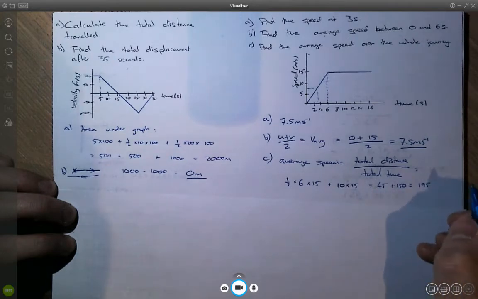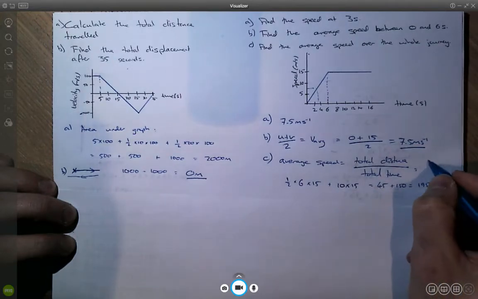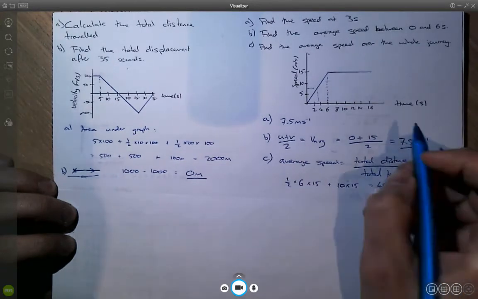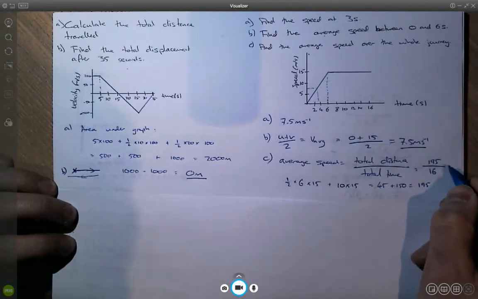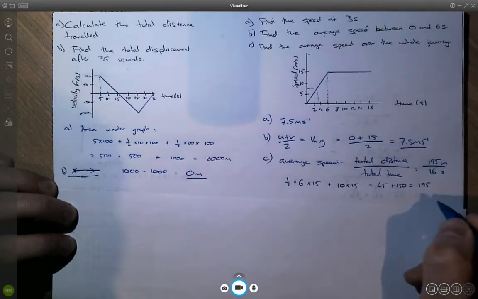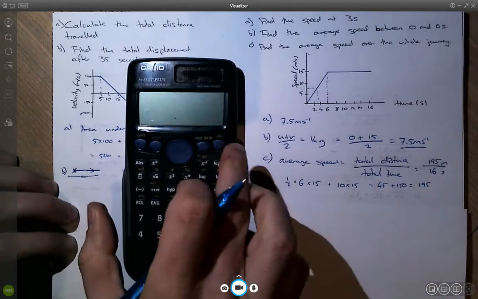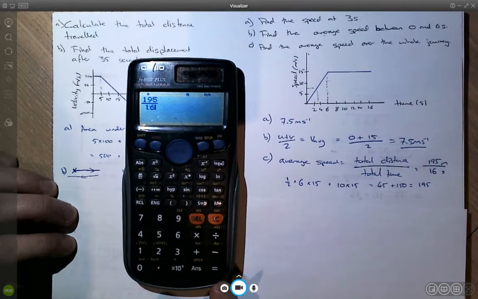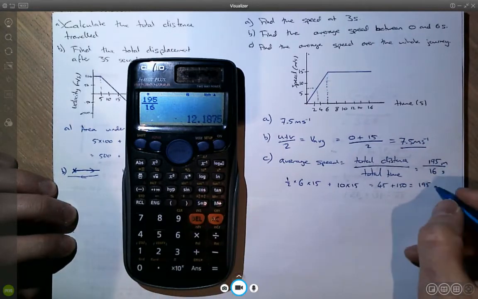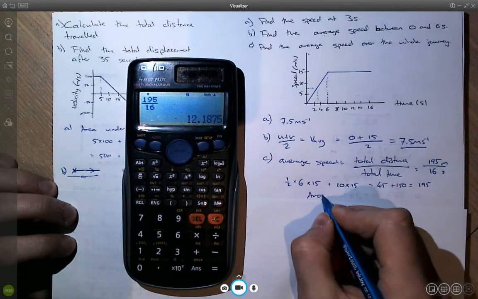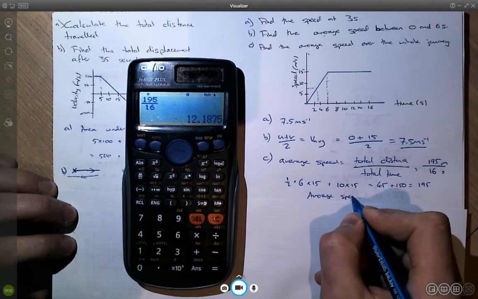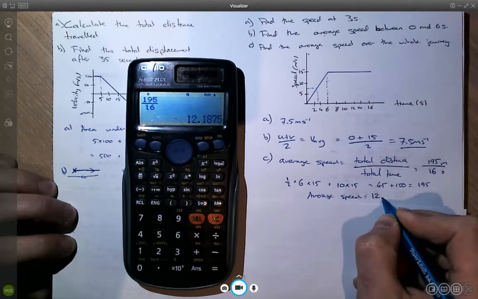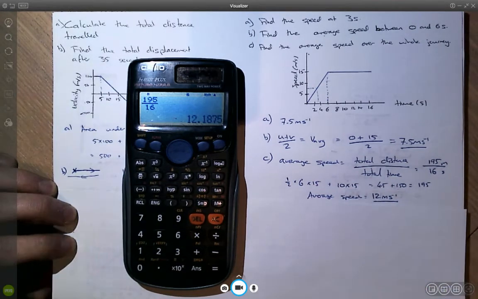And then the time is 16 seconds. So plug that into the calculator. Let's see what we get. We get our average speed is 12 meters per second.